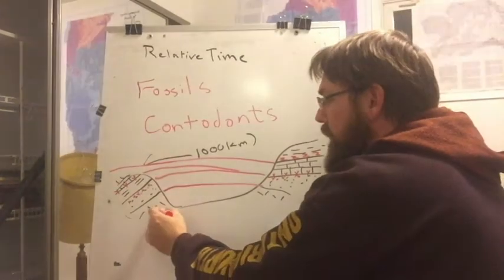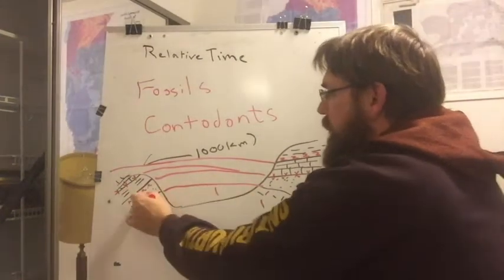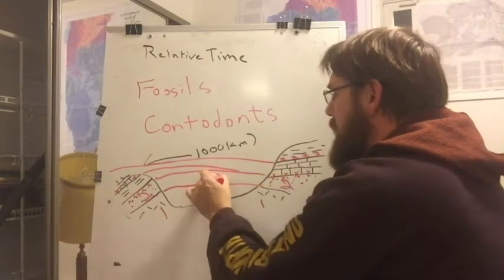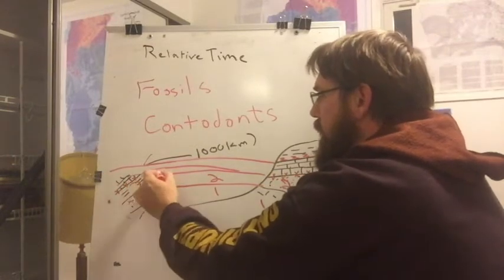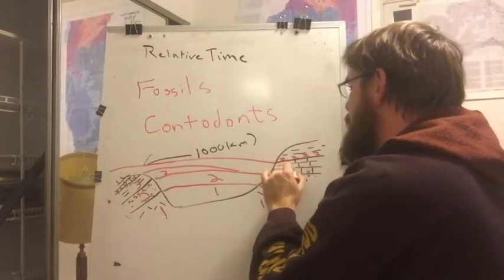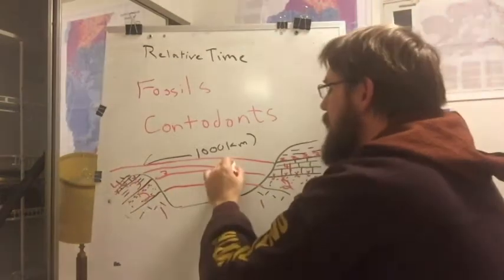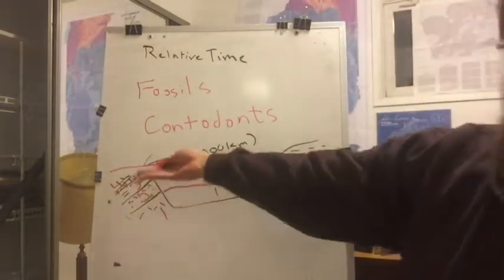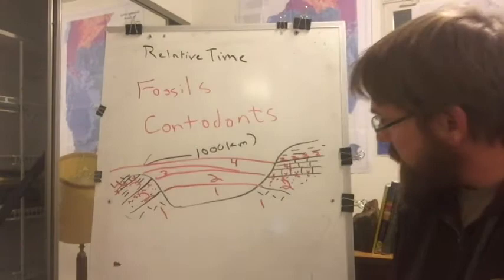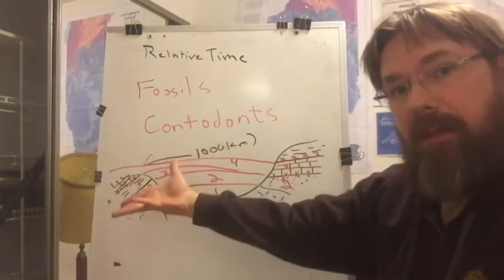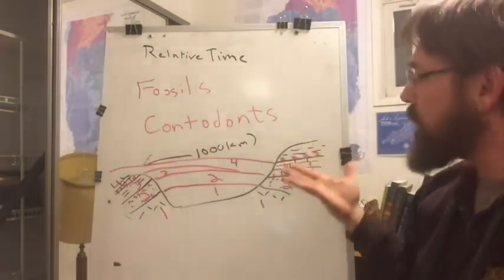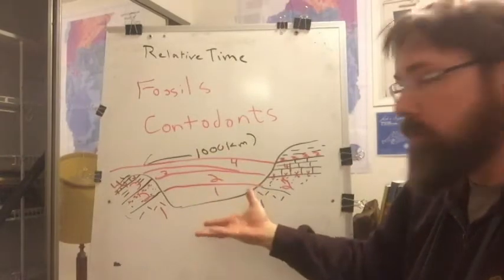So this is your unit 1, sandstone's your unit 2. Let's just say this is your unit 3, this is your unit 4. Because in reality, geologic units over these kinds of distances thin and thicken over very long distances. So this is not an uncommon situation.